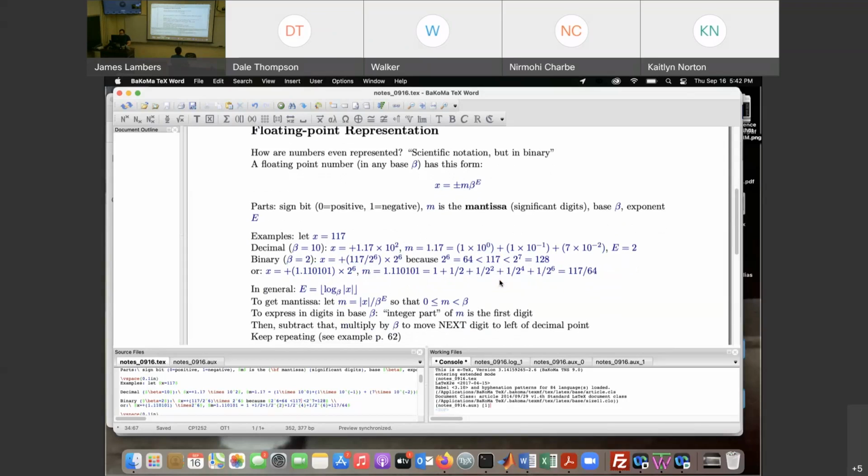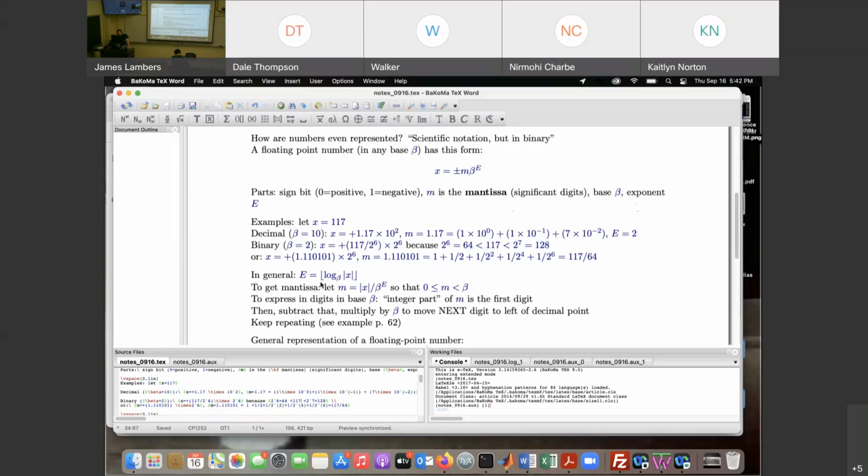I can give you a general procedure. If you have a number, whatever number you choose, and you would like to represent it in binary, I can figure out what the exponent is and what the significant digits in binary for the mantissa are. Here's how you do it.